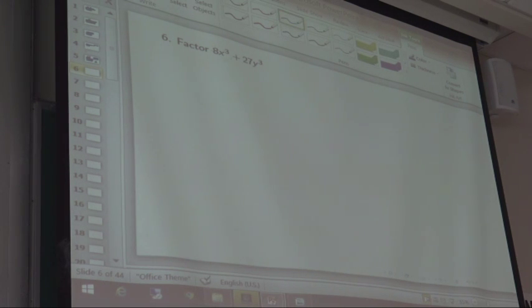So we have something cubed, 8x cubed, and some other thing cubed. So we have to use the x cubed plus y cubed formula: x plus y times x squared minus xy plus y squared. So I do 2x cubed plus 3y cubed. 2x cubed is 2 cubed times x cubed, and 2 cubed is 8. And 3y cubed is 3 cubed, which is 27y cubed.